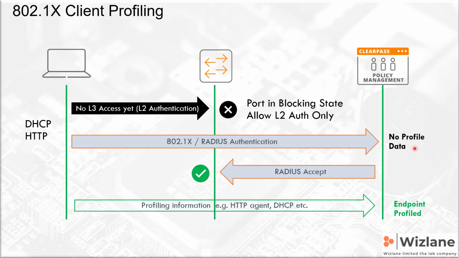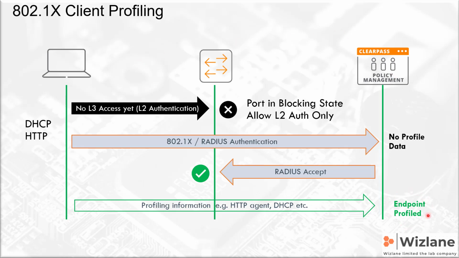They might place the client in a restricted privilege, just enough to pick up an IP, DNS, reachability, as well as ClearPass reachability and some other destinations. Once that limited access has been allowed, ClearPass will be able to profile the device.